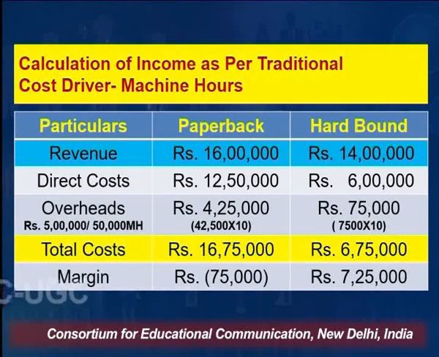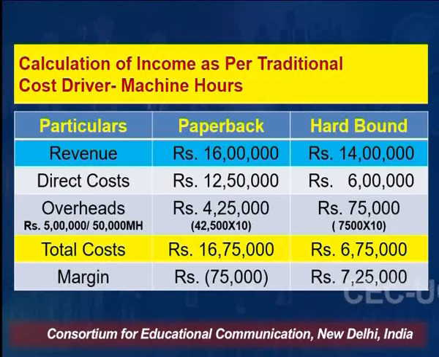What we need is, we only need the machine hours. So for paperback the total machine hour was 42,500. The moment you multiply it with the machine hour rate of rupees 10, you get a value of rupees 4,25,000. And the same is being done in case of hardbound, 7,500 machine hours into rupees 10, it is giving me a value of rupees 75,000.